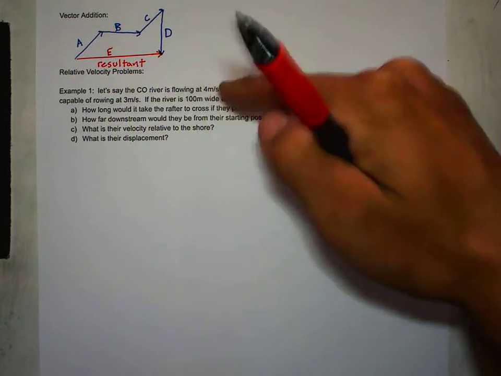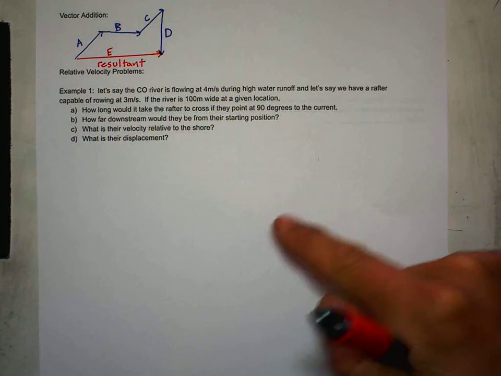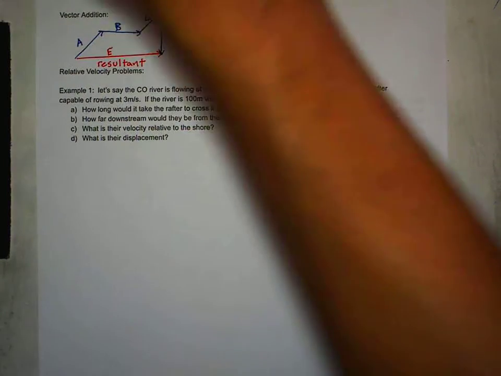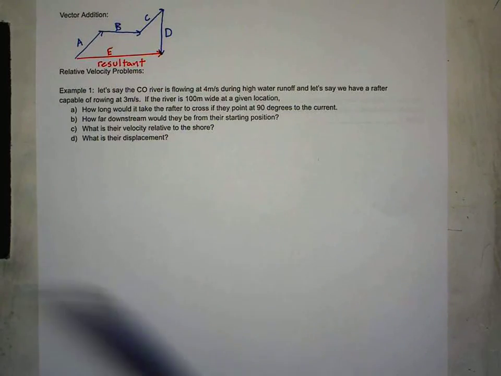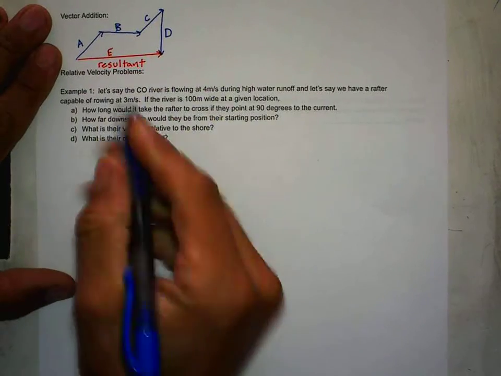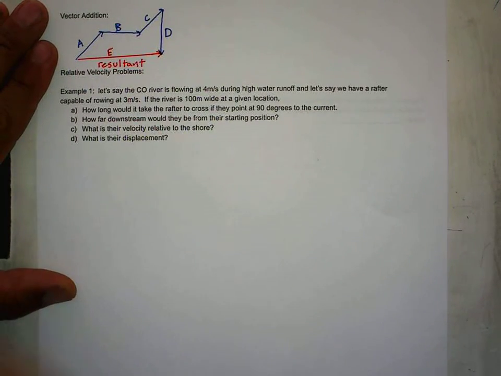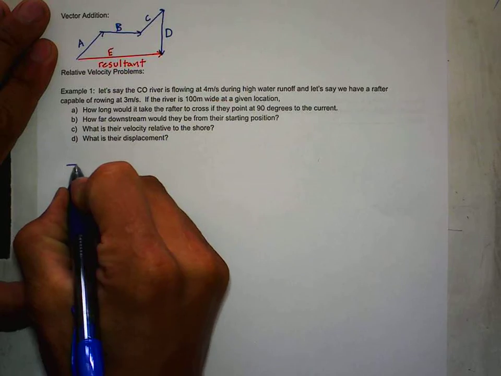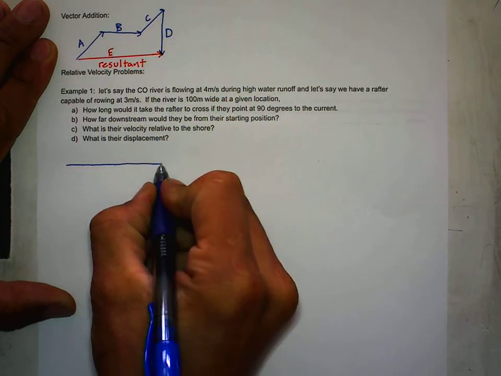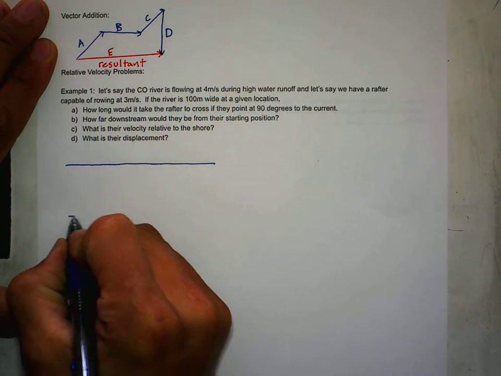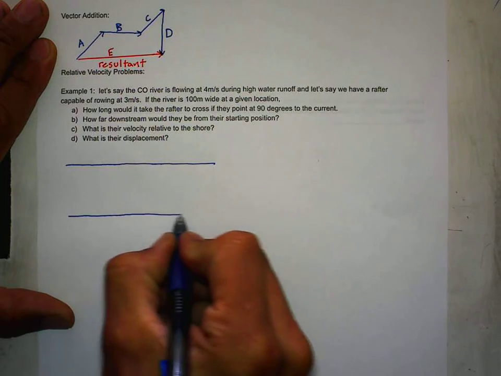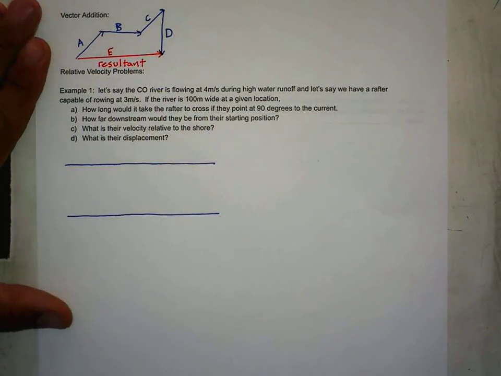So obviously we got a river flow problem right here. All right, and in your book, this is kind of a good starting problem here. So we're going to draw a little length of river right here. And we're going to start going through these 4 parts.